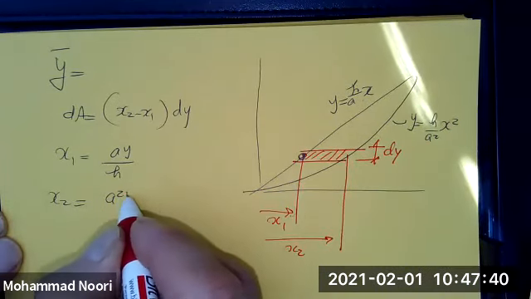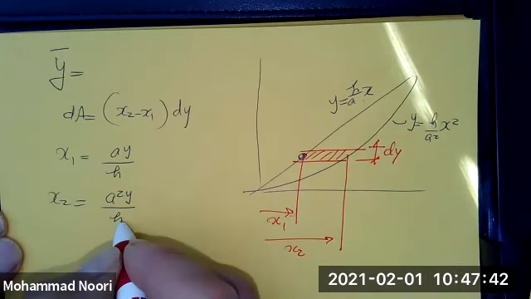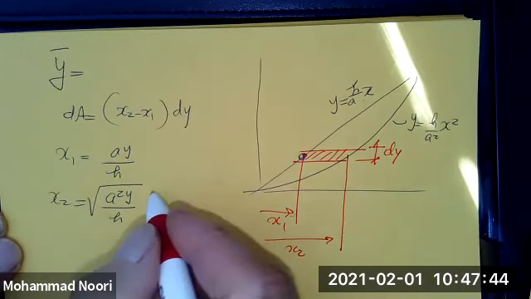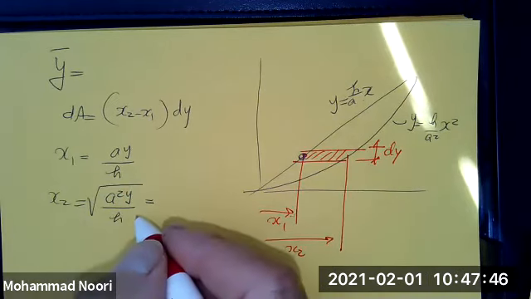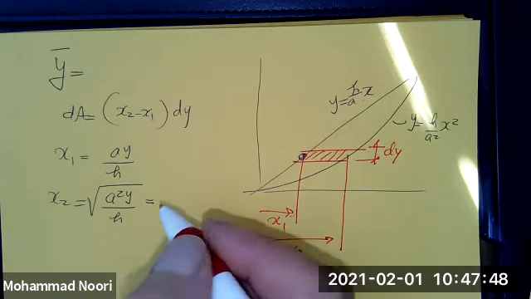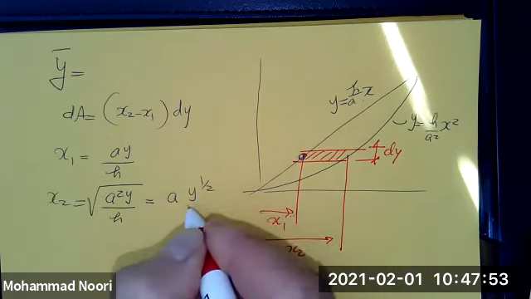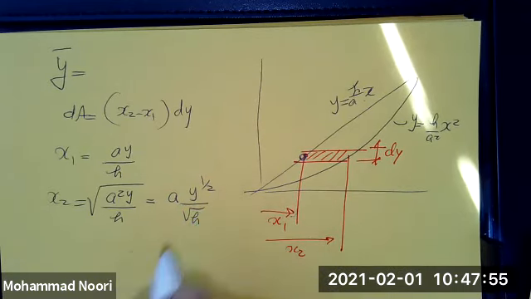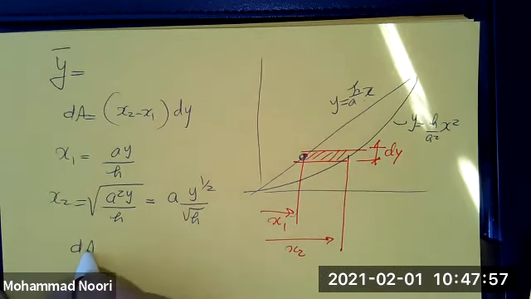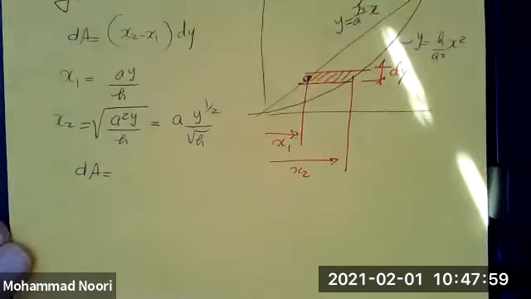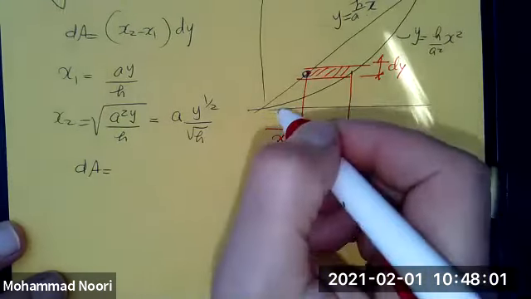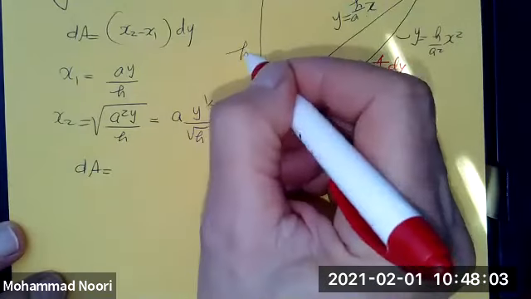It would be a squared y divided by h, square root of that, or a y to the 1/2 over square root of h. So I can set up dA. Now, y goes from 0 to h.